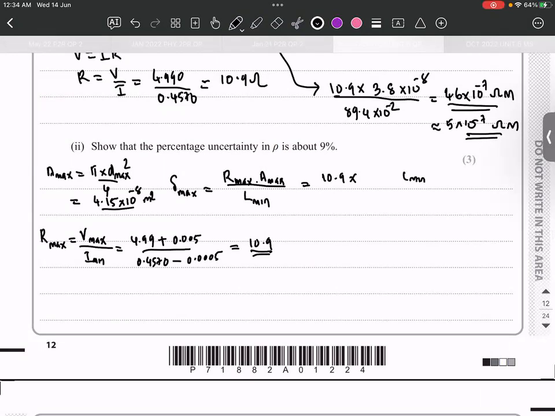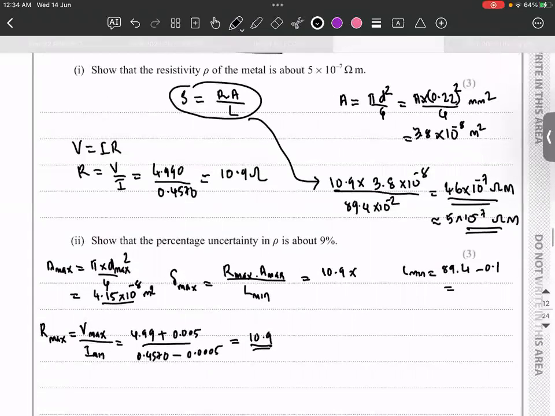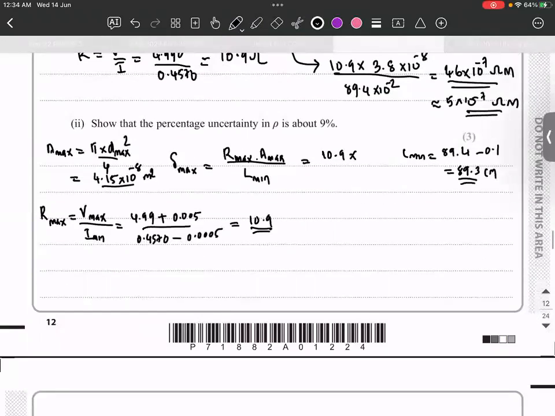And what is L minimum? The L minimum is 89.4 minus 0.1, and that is 89.3 centimeter.